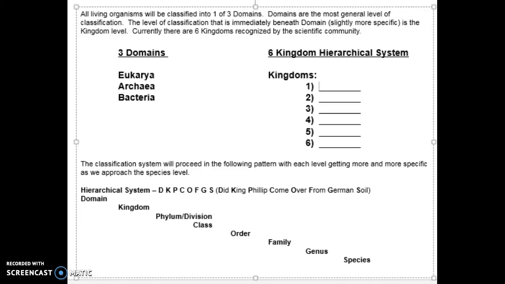Within the domains, we then have 6 recognized kingdoms at this point, currently. So underneath Eukarya, we have kingdom Animalia, all the animals. We have kingdom Plantae, all of the plants. We have kingdom Fungi, all fungus. And I'm going to put a little asterisk here because this is a goofy one: Protista.